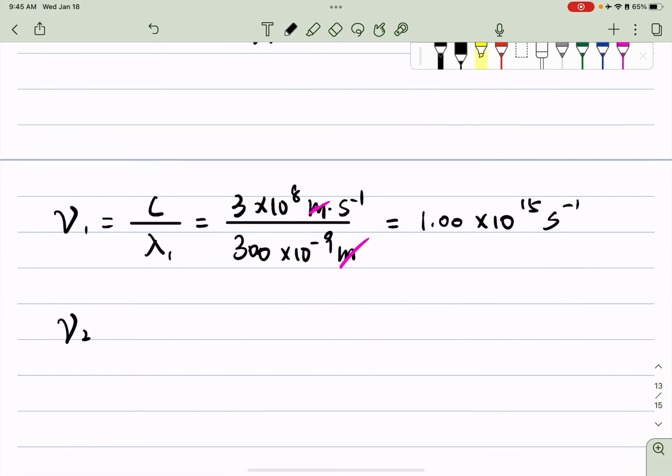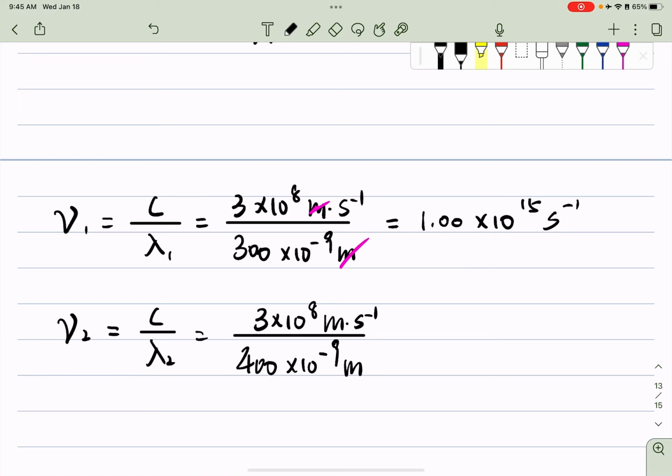Likewise, we have mu2 equals c over lambda 2, which is 3 times 10 to the 8th meter per second over 400 times 10 to the negative 9 meter. Cancel out the terms, and we get 7.50 times 10 to the 14 per second.